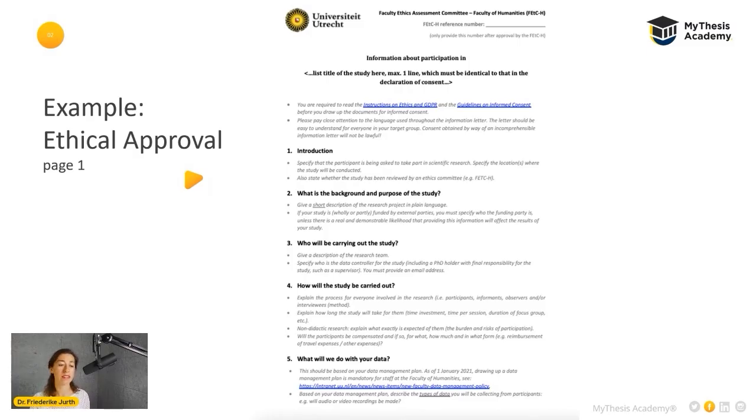So you really need to explain the compensation and the different ways of compensation of the participants.